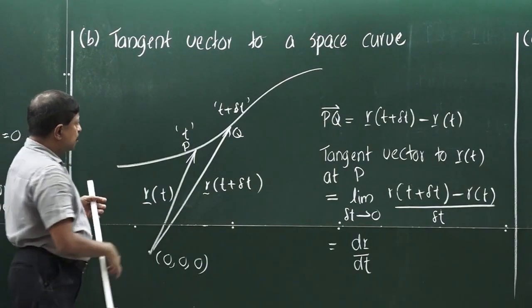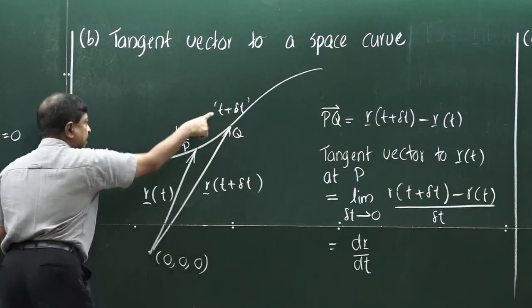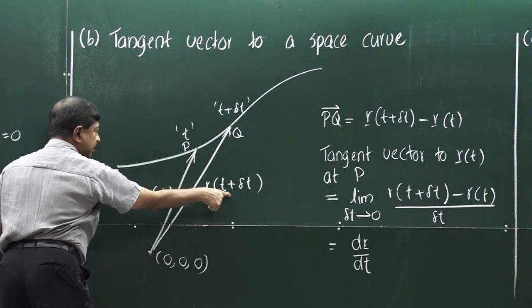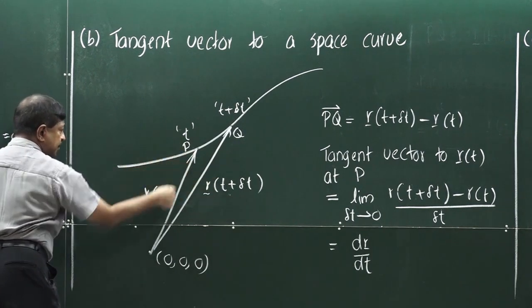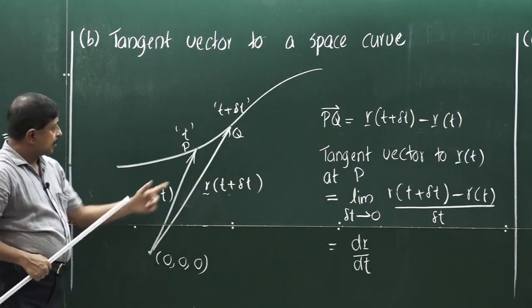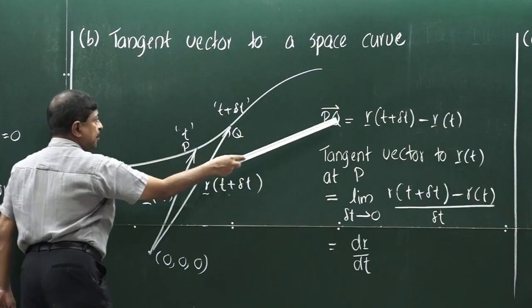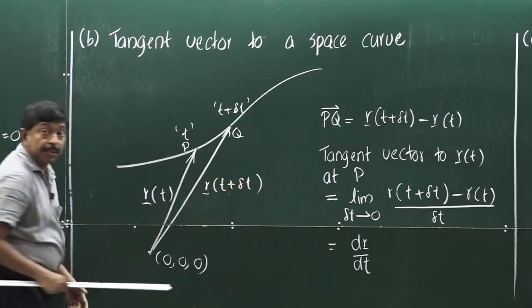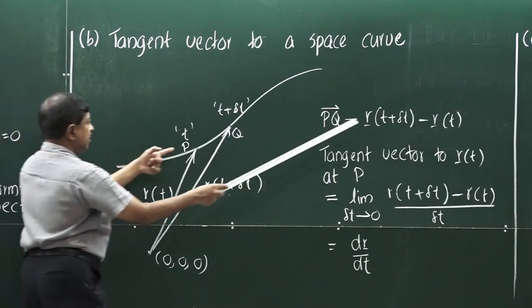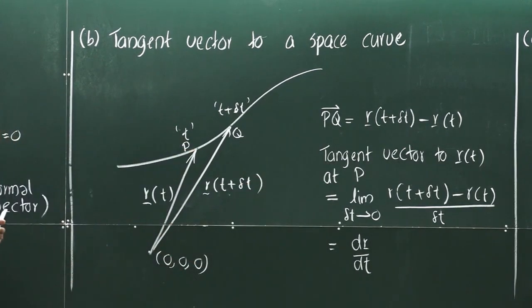Now, you can find the vector PQ. At t plus delta t this is the position vector, at t this is the position vector. Therefore, this difference can be obtained like this: PQ is r evaluated at t plus delta t minus the vector at this point, r of t. So, you can find PQ.